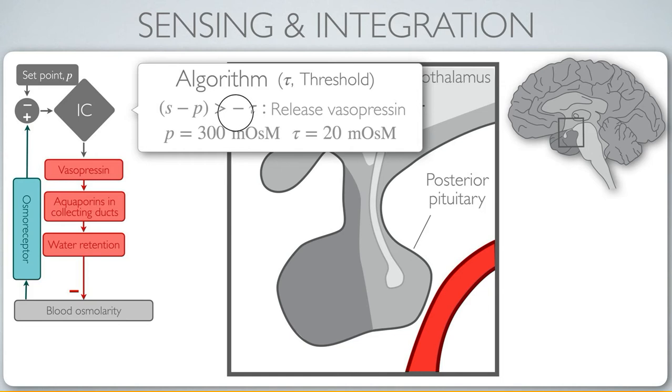So that means that even when we're at the set point, this action is going to be enacted. And the action is the release of vasopressin. And we have quantitative detail on the set point and the threshold in this case.